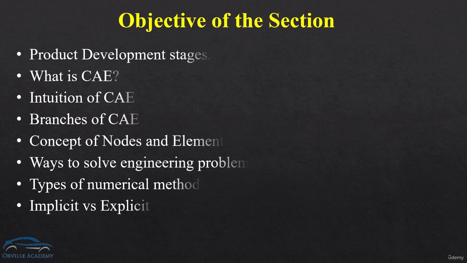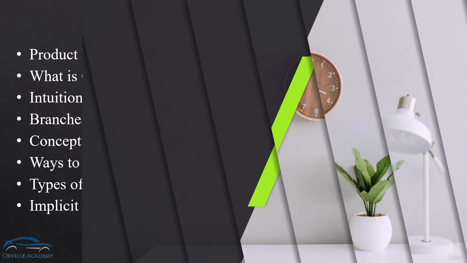We will understand how product development usually happens, what exactly CAE is, what things are possible in CAE, how CAE works, what nodes and elements are, various ways through which we can solve an engineering problem, and many more. Point being, since we are going to cover all the fundamental things in this section, in my course you will find it more or less common. With this note, let us begin our journey.